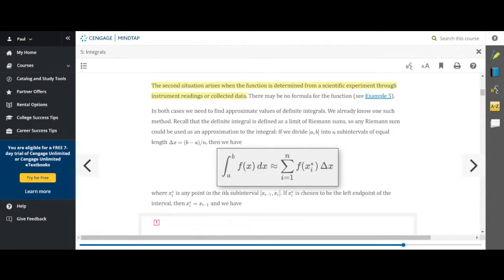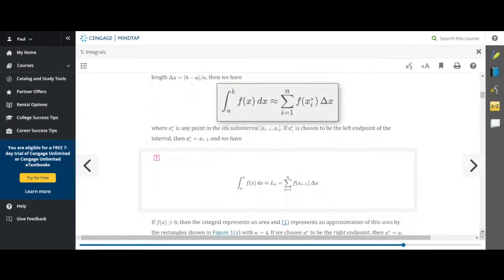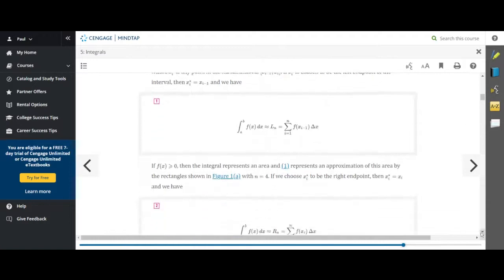Okay, so that seems to be a good approach to approximate the definite integral, because we can always find the areas of rectangles and add up those areas. All right. So the question is, well, how are we going to add up the rectangles? How can we do it?